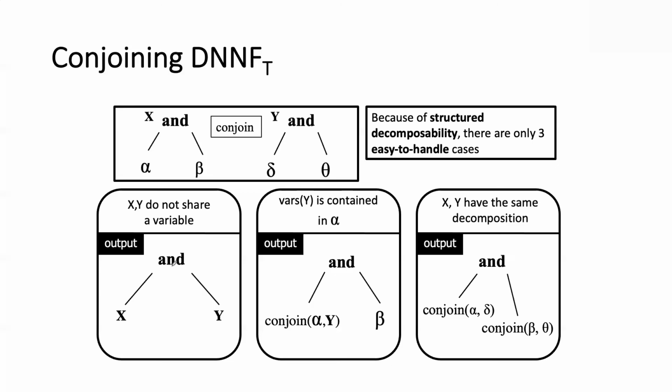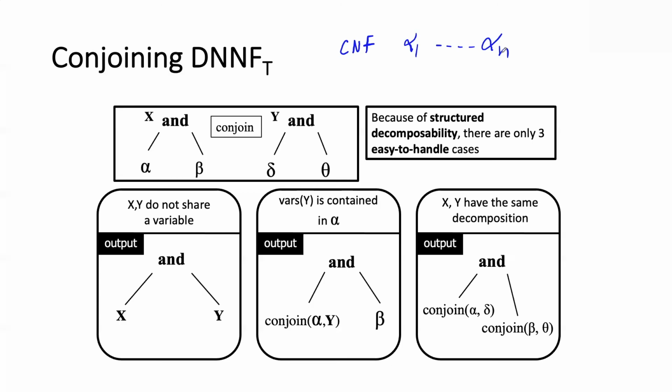Now that you have this algorithm, what do you do? You take your CNF, which has these clauses alpha 1 through alpha n. You convert each clause into a circuit of this type. That should be easy. And then you just conjoin them one after the other. This way you get, at the end, a structured DNNF that is equivalent to that CNF.